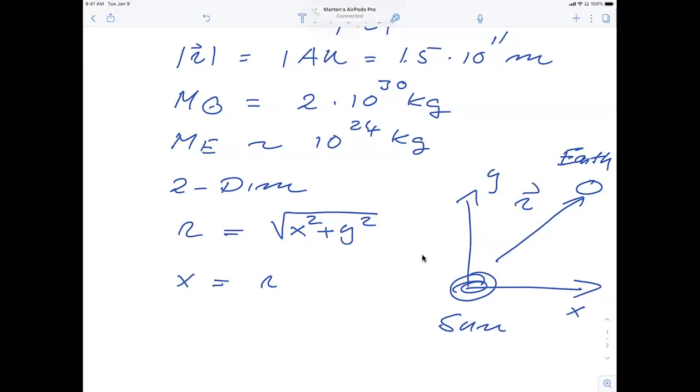Okay. So for you guys online, we had a small mess with the audio, and then I forgot to put back the whiteboard here. So what we are doing now is setting up a system in 2 dimensions for the Earth-Sun system, and this is a pretty good approximation because the Earth exhibits elliptical orbits around the Sun, and approximating the system to a 2-dimensional one is a pretty good approximation.